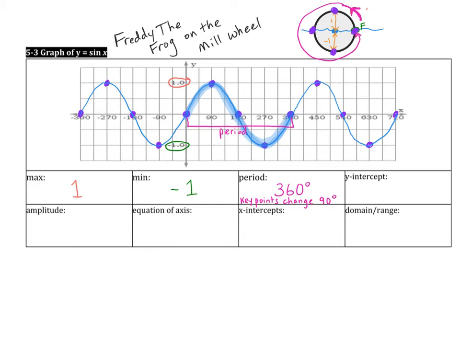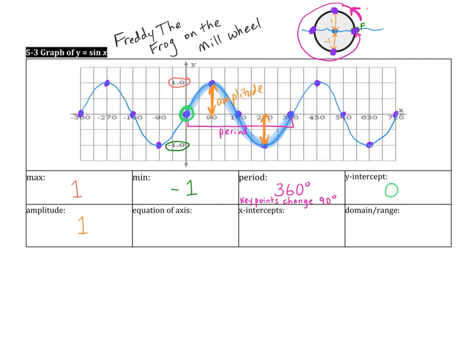Next, the y-intercept is right here. So the y-intercept is 0 because Freddy starts at the water level, so his height at the beginning is 0. The amplitude is 1. So the distance from the center to the max, and also the distance from the center to the min, that is 1.